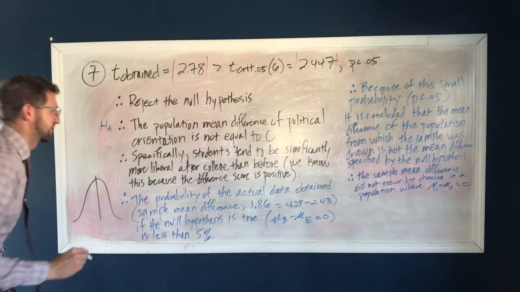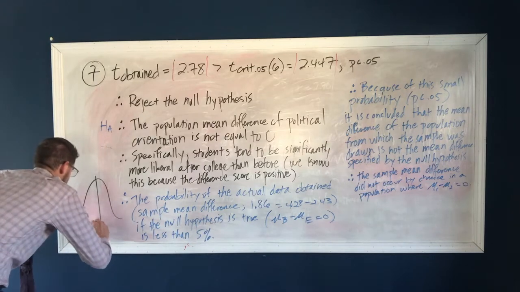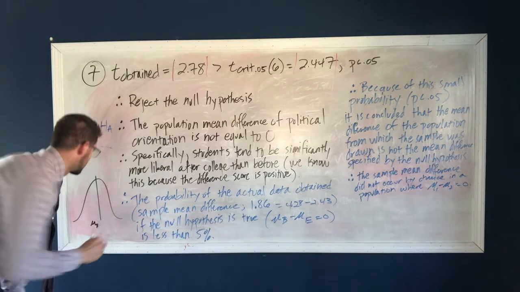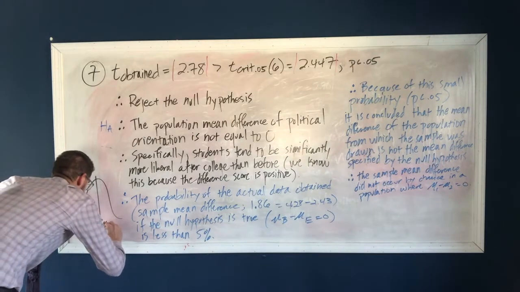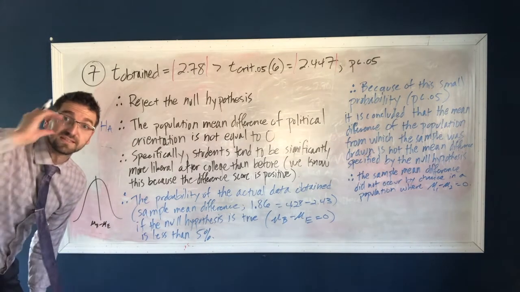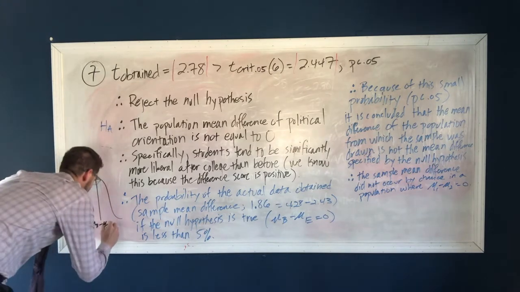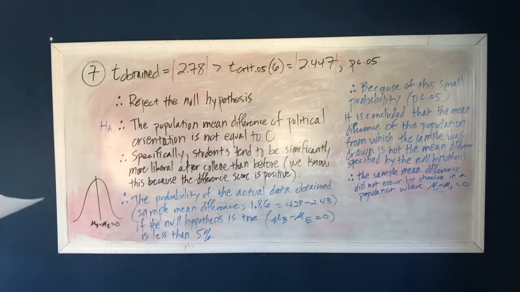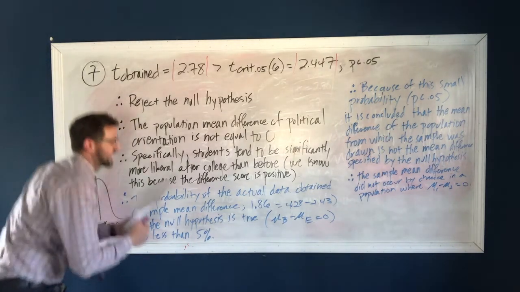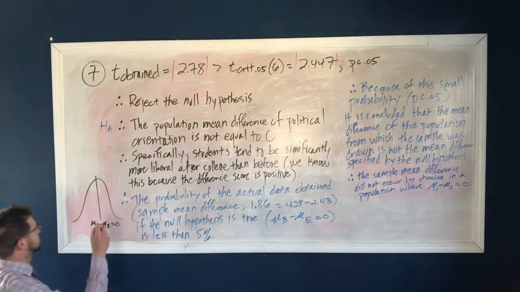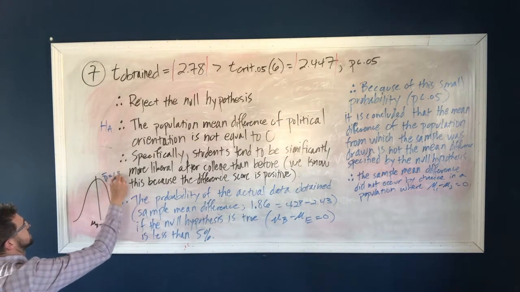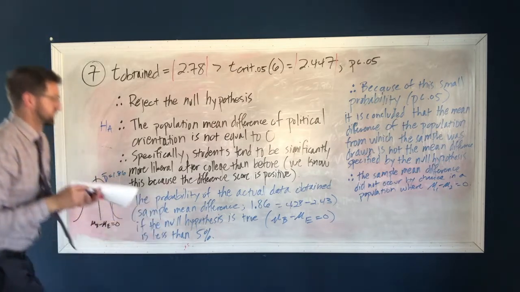If the null hypothesis is true, the population mean political orientation at the beginning of college minus the population mean political orientation at the end of college doesn't change, so it's 0. Okay, so that's our population. And we don't get 0, because 0 would be no change. We get a sample mean difference of 1.86.